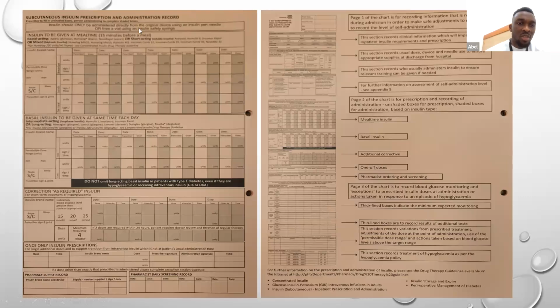This is an example of an insulin chart. So the important things are the name of the insulin, so the brand name, and the dosage. If it's short acting, they're given at meal times. Basal insulin, these are long acting insulins that are given once a day, usually in the evening.